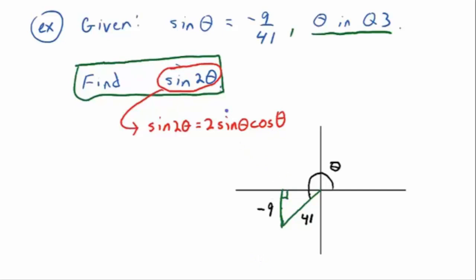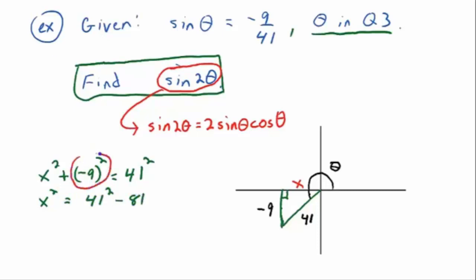Let's call the missing side in my helper triangle x. And we know from the good old Pythagorean theorem that x squared plus negative 9 squared is equal to 41 squared, or x squared is equal to 41 squared minus 81. If I subtract 9 squared from both sides, that's the same as subtracting 81 from both sides.